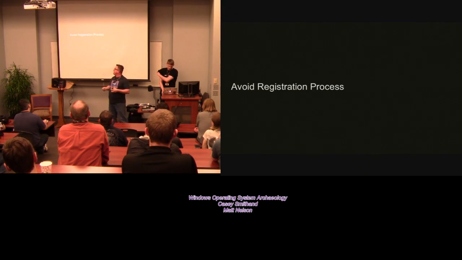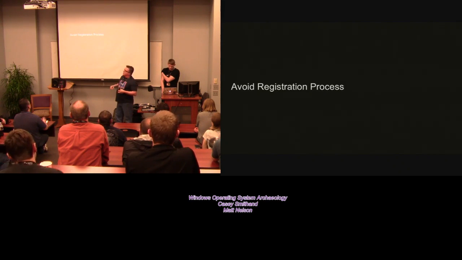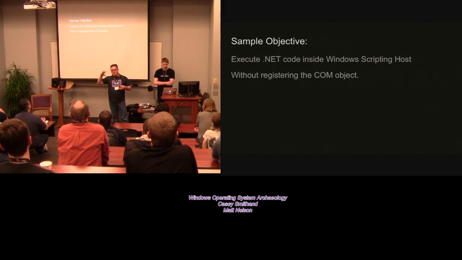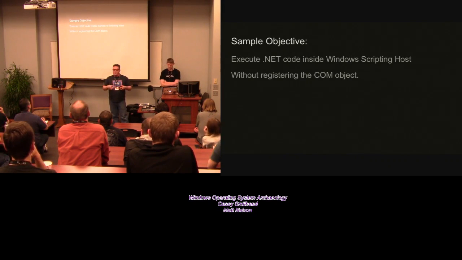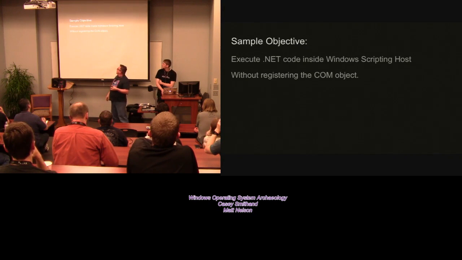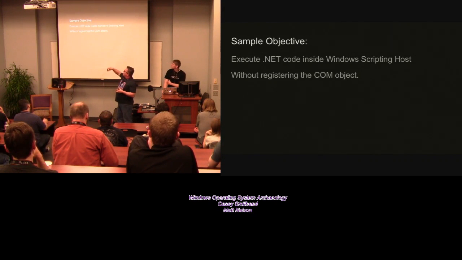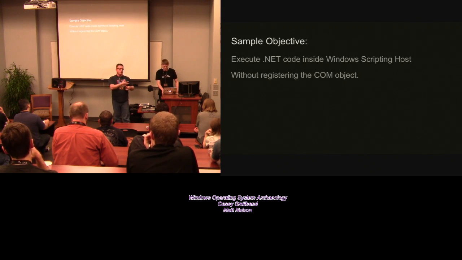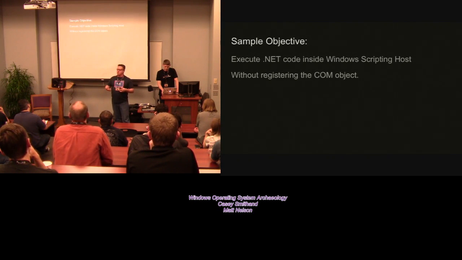There are a couple of different things we've found that we can use to avoid registration of a COM object. The COM object normally lives in the registry. I'm going to present two or three techniques to run a COM object without those artifacts. The goal here is, inside of VBScript or JScript, how could I load a .NET DLL and execute it? The reason is that JScript and VBScript by default don't have Win32 API calls, so I can't normally run a shellcode blob in VBScript.